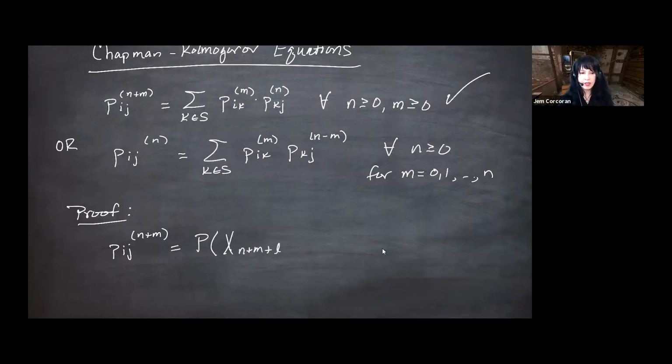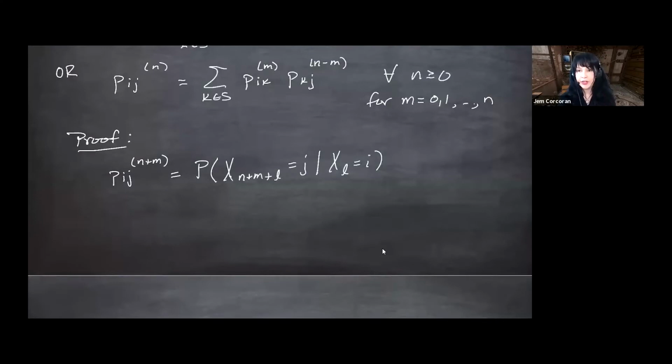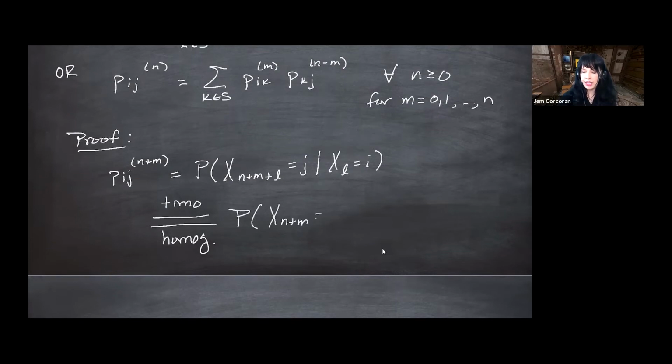So that's a little kind of L. This is the probability you go to state j in n plus m steps in time, given that you started in state i at time L, but because everything's time homogeneous, we can just start from 0. And in the future, I am just going to start from 0. So we've got time homogeneity. And so this is just the probability X_{n+m} equals j, given X_0 is i.